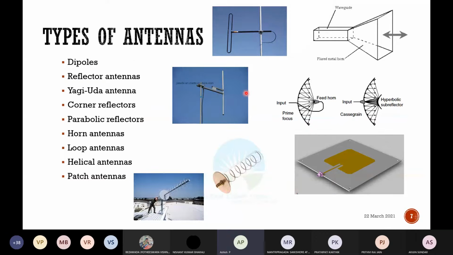Dipole and monopole are called wire antennas. They have only a wire and the structure is very simple. The length or dimensions of that antenna are half wave, so we generally call it a half wave dipole. That is a very famous antenna, the first, smallest and easiest antenna to make. So this is the dipole.